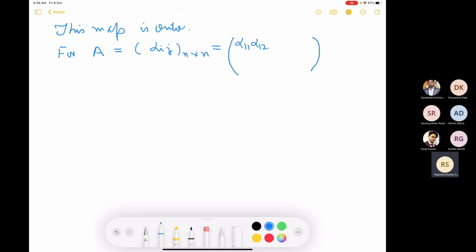Alpha 11, alpha 12, alpha 1n, alpha i1, alpha i2, and this is alpha in, alpha n1, alpha n2, alpha nn. And somewhere here is your alpha 1j, alpha ij, alpha nj. So this is what it is.